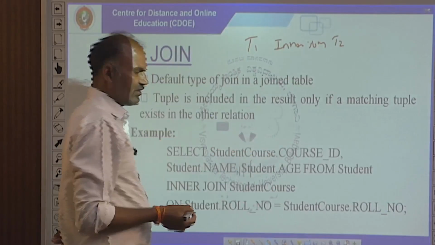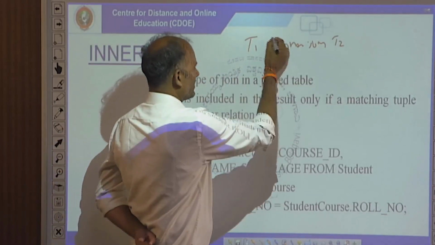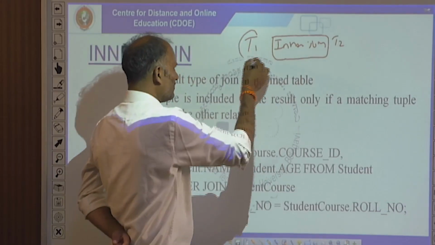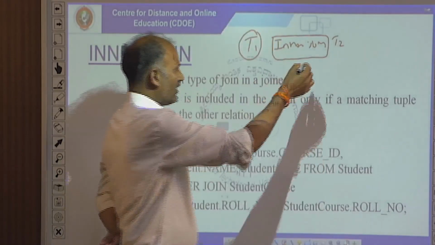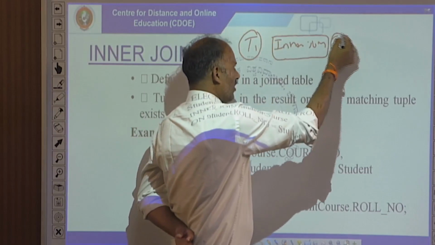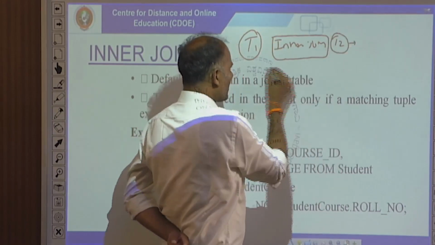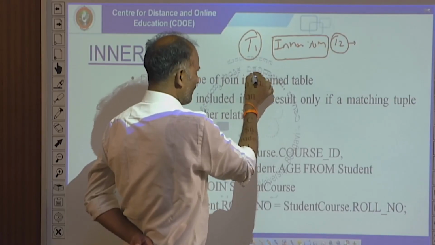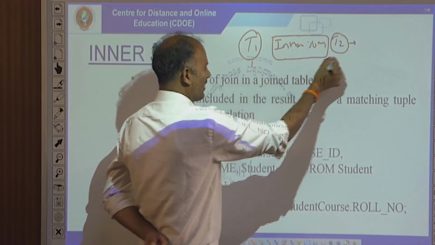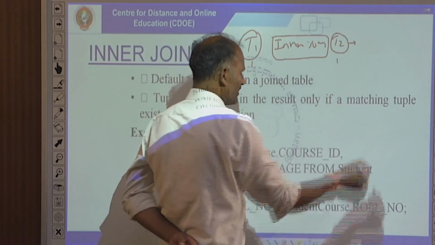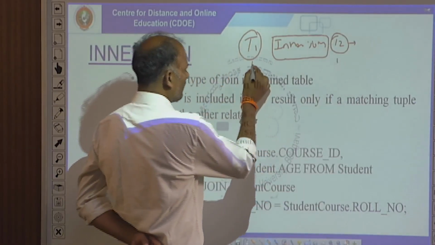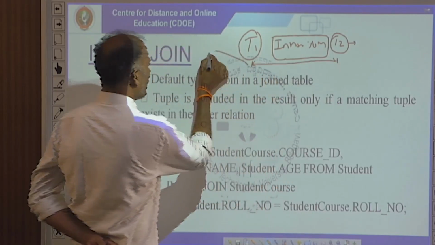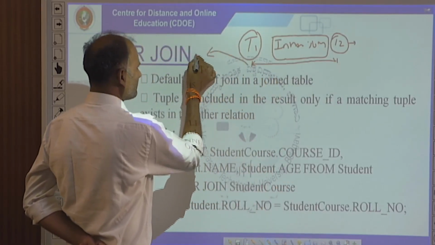Now this inner join compares the data from a field in T1 with the data that is present in T2 on some field. For example, if T1 contains the data 1, and in T2 also there exists the data 1, and both are matching, only the corresponding records will be read.